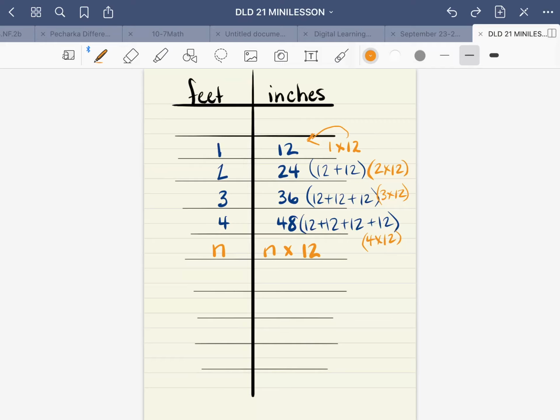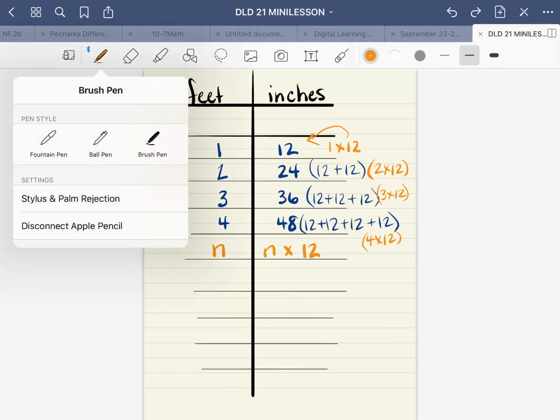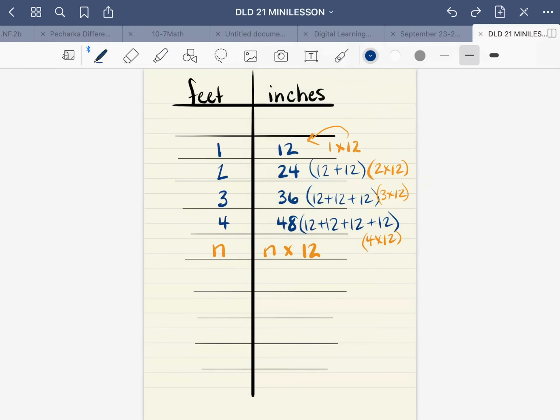So let's say we have 5 feet. I know that's 1 12, 2 12s, 3 12s, right? Because 3 12s equals 36, 4 12s, 5 12s. Now if I add these all together, I have 2, 4, 6, 8, 10.